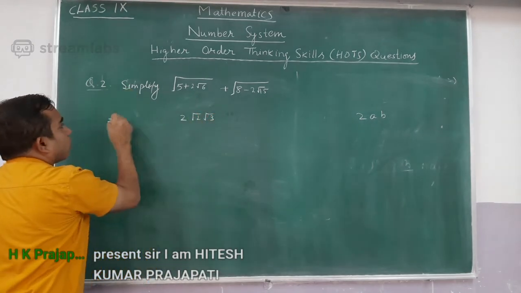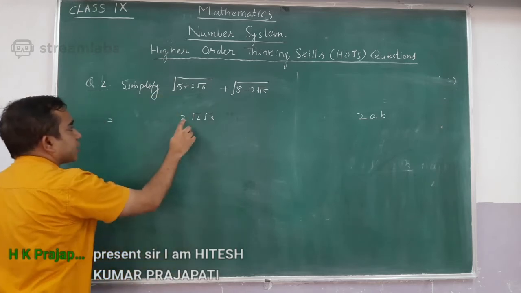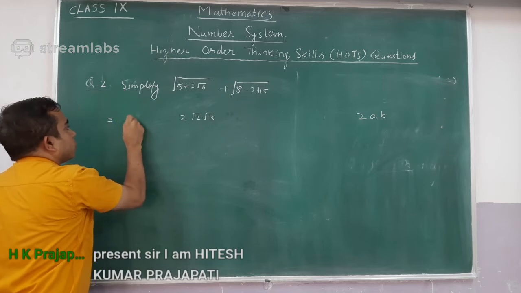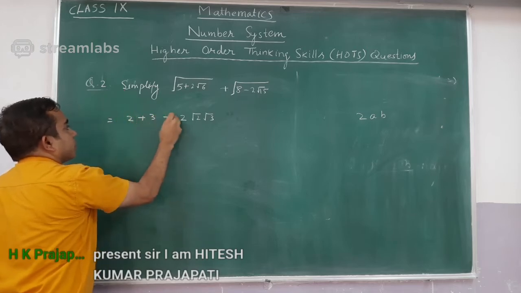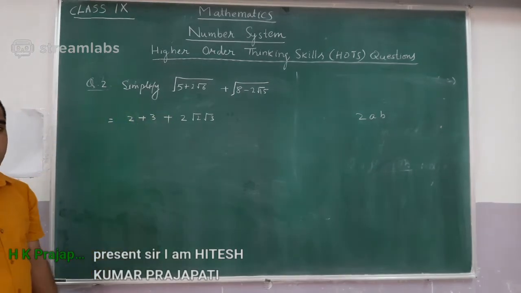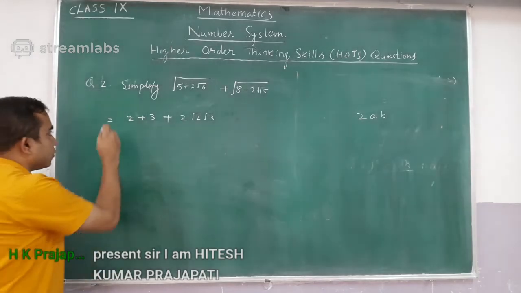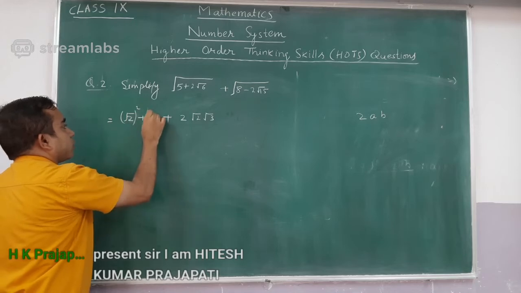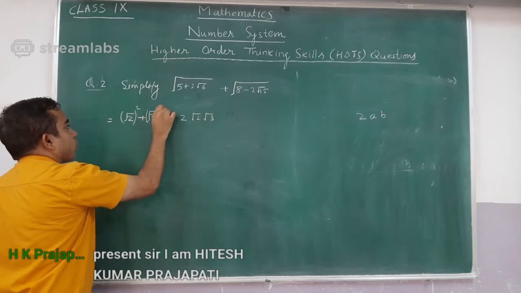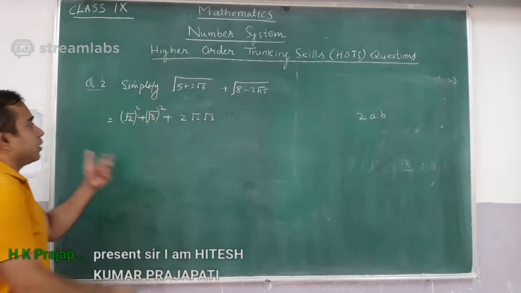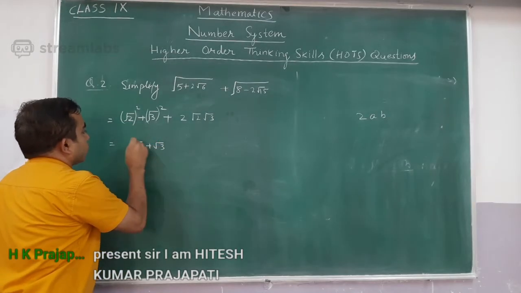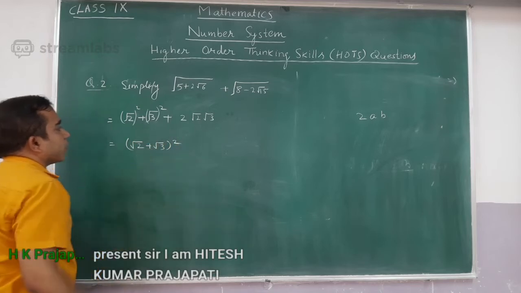Now 5 should be written as 2 plus 3. 2 plus 3 is 5, right? And 2 actually was root 2 square and root 3 square was 3. And this will become root 2 plus root 3 whole square.